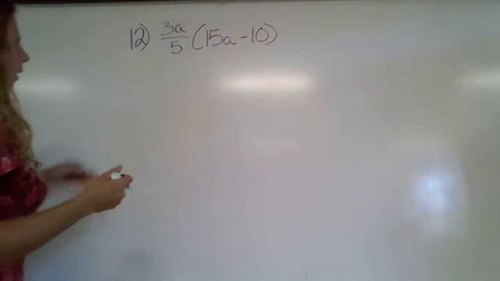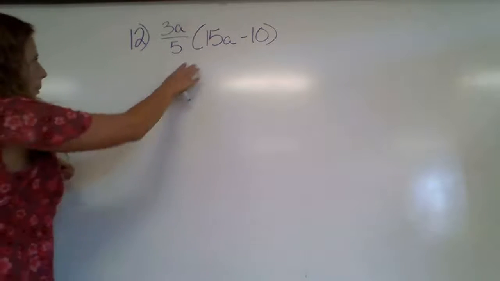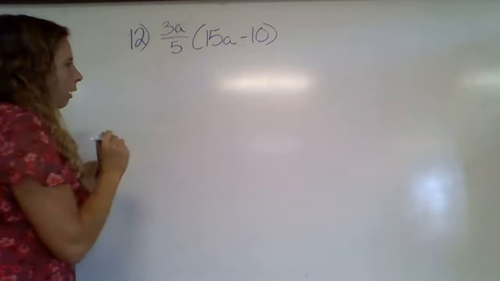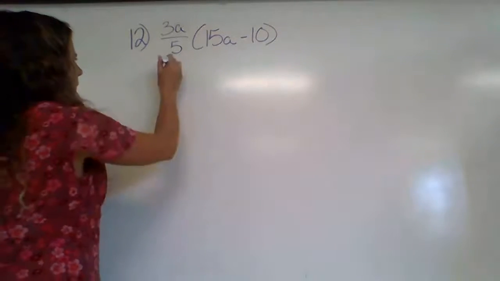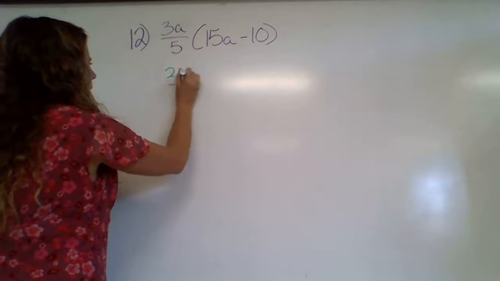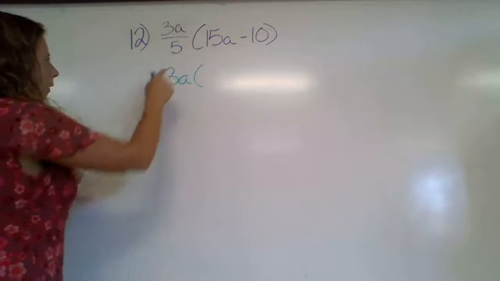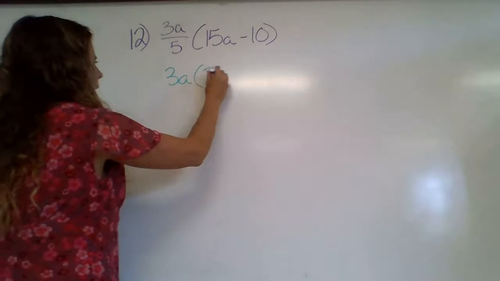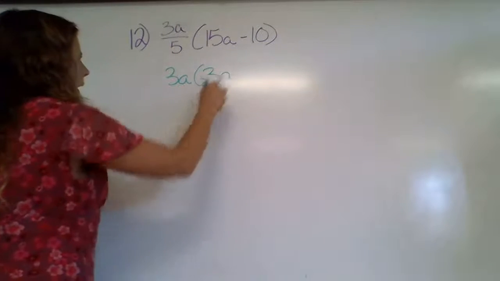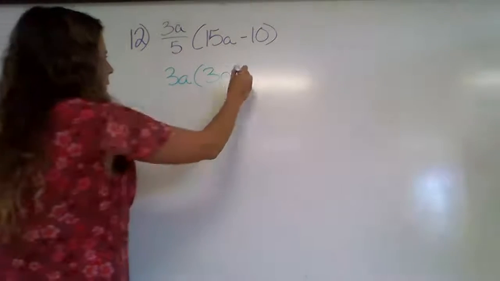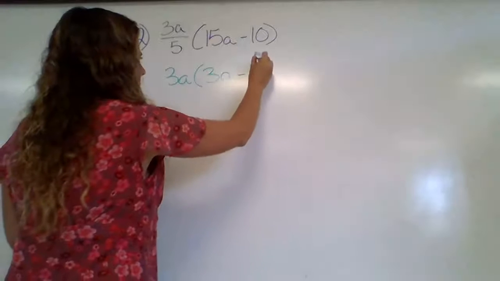So first I'm going to divide everything in my parentheses by 5. That'll get rid of this guy. So it leaves me with 15a divided by 5, 3a. And then negative 10 divided by 5 is negative 2. Don't forget about your negative sign.